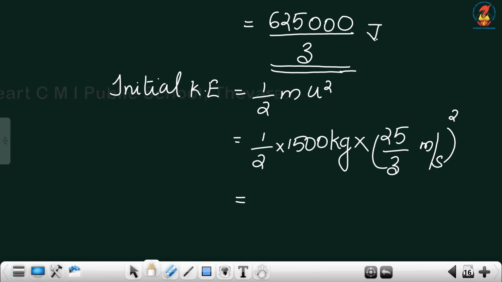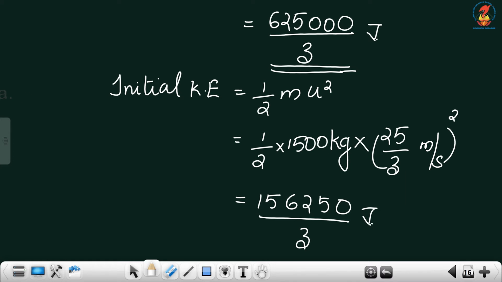When you do the calculation, you will get the answer 156,250 by 3 joule. This will be the answer.